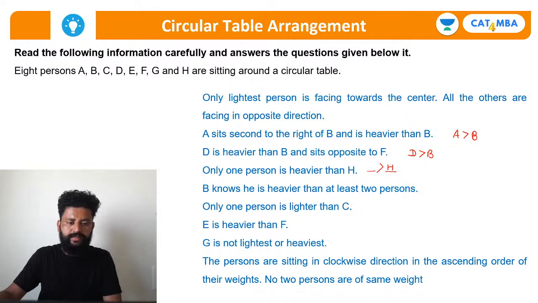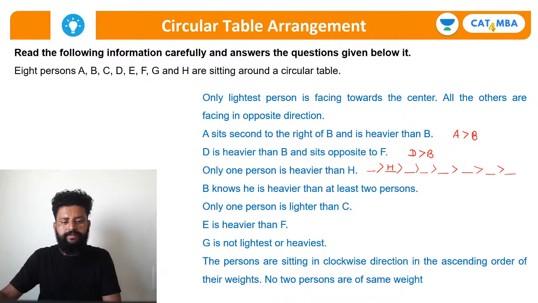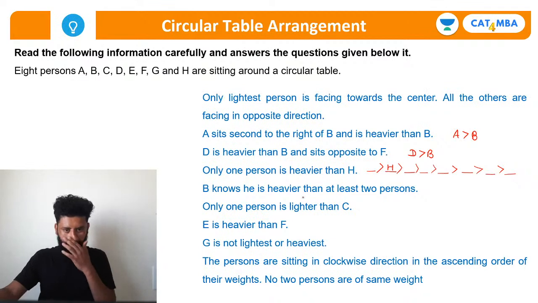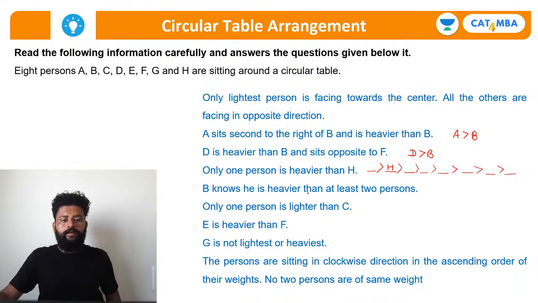There is only one person before H, and all the others, we are left with 6 persons, will be lighter than H. B knows he is heavier than at least 2 persons.